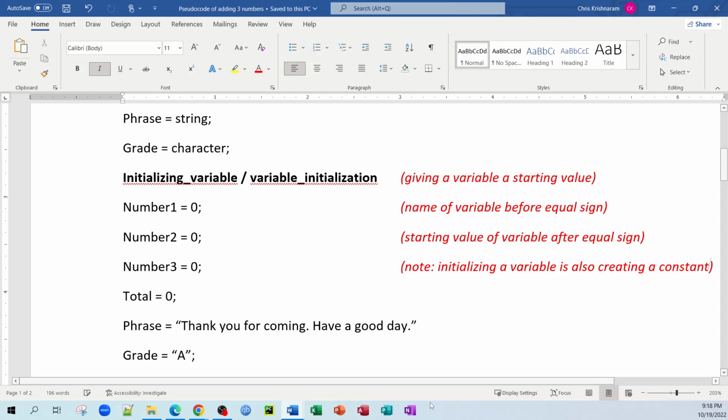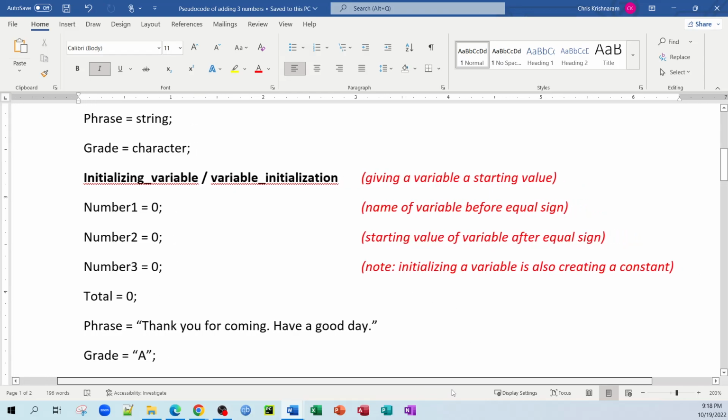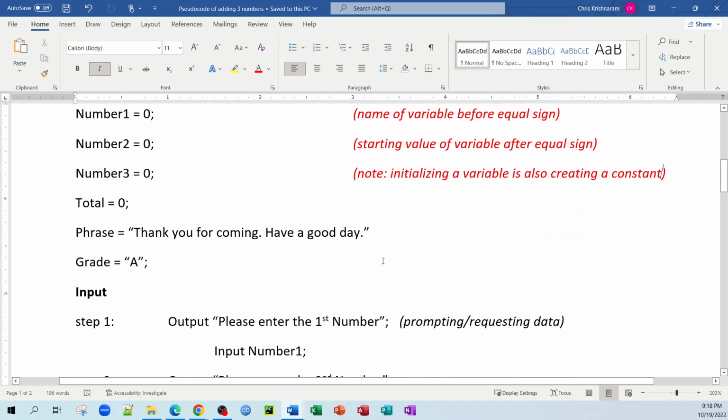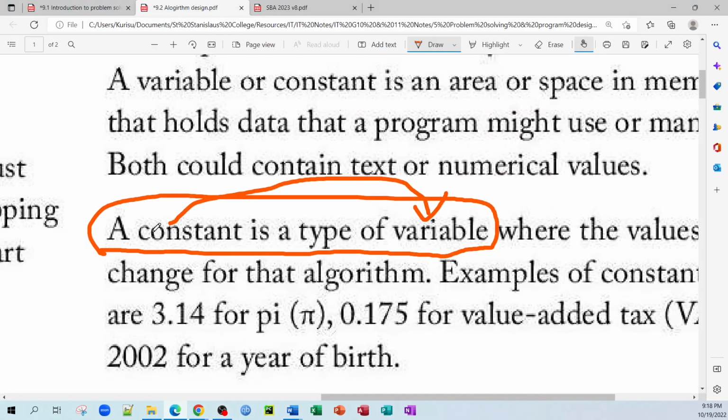So basically initializing, you're creating a constant. But remember, once again, if you change the value, it is going to become a variable. And why I keep using that term, remember, a constant is a type of variable. The fact that if it's going to remain the same, it's going to be a constant. If it changes, it is going to be a variable.